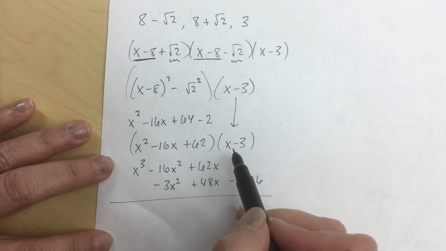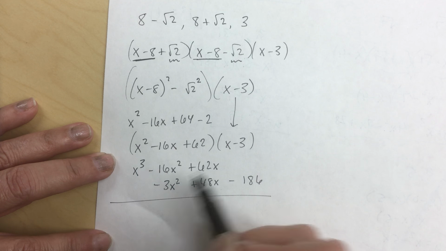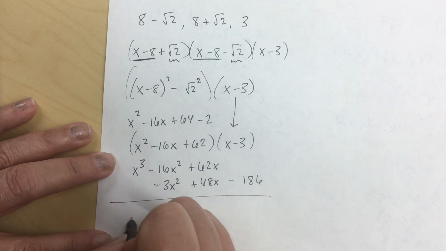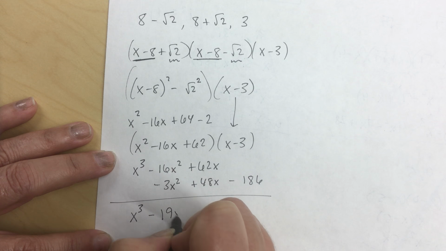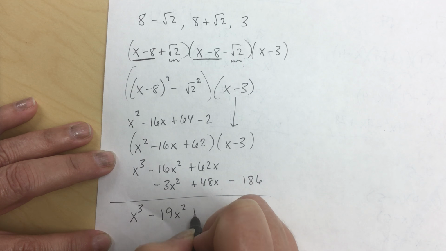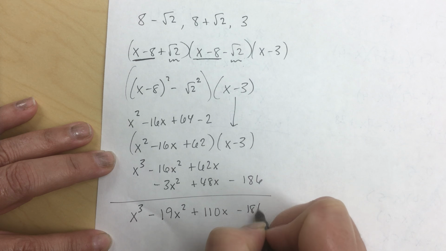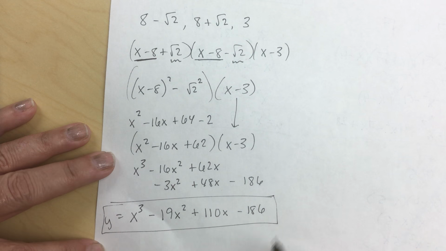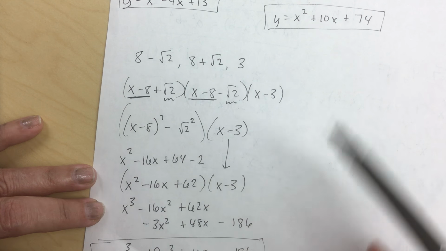Notice how when I got to an x squared term, I put it beneath my x squared term, and when I got an x term, I put it below that. That way it's going to be easy for me to combine like terms. So x cubed minus 19x squared plus 110x minus 186. So that is the polynomial that has a root at 8 plus or minus radical 2 and 3.